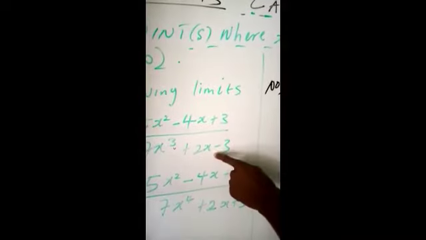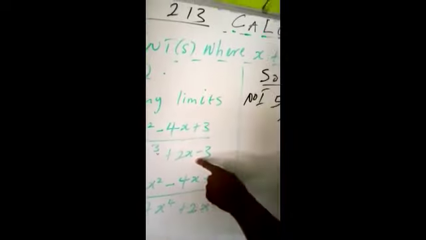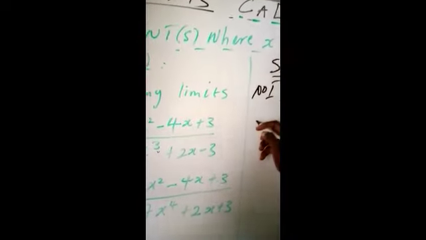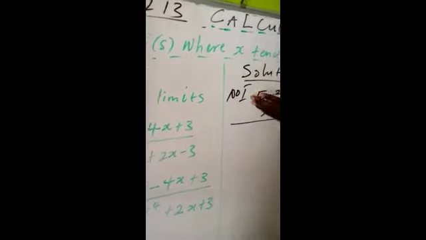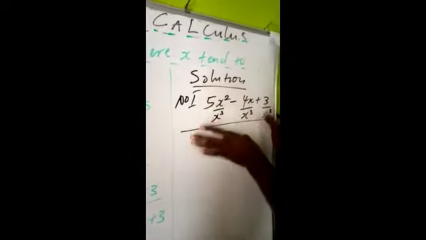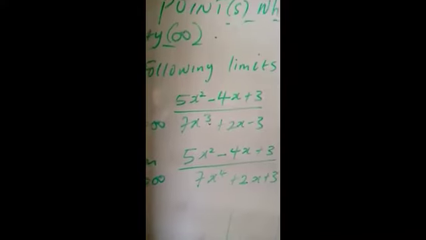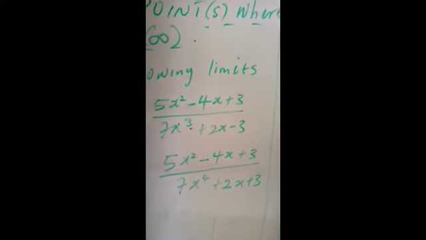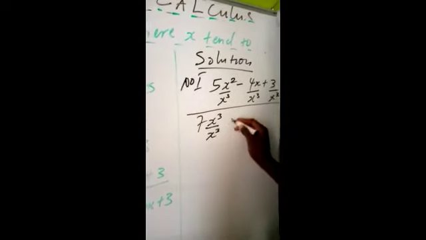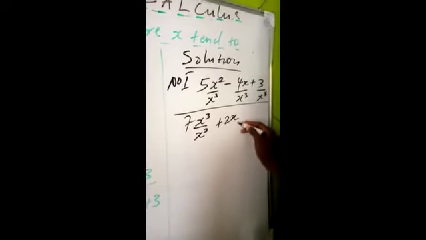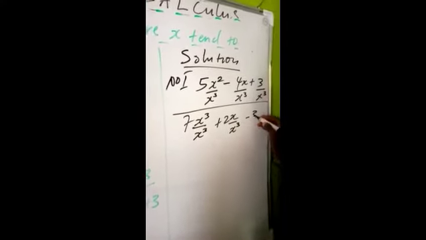Then coming down, the denominator comprises 7s cubed, so we have 7s cubed divided by s cubed, plus 2s divided by s cubed, minus 3 divided by s cubed.